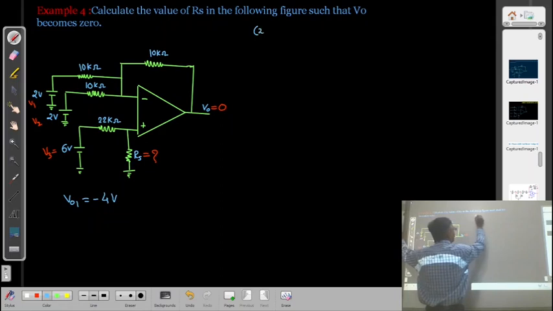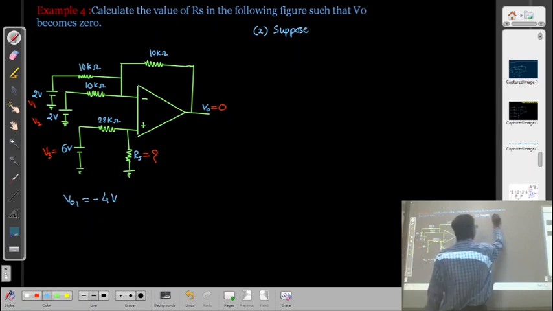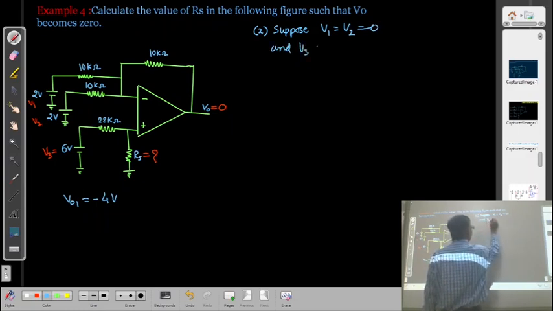Now, suppose V1 and V2 are 0, and V3 is active. Correct? So what will be the circuit?